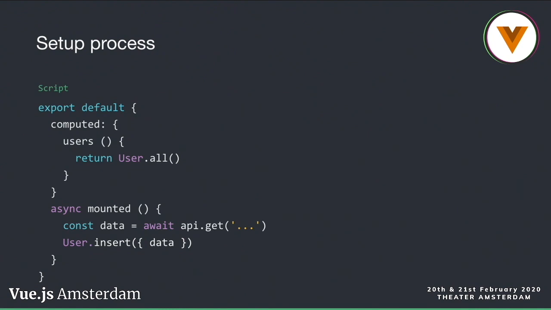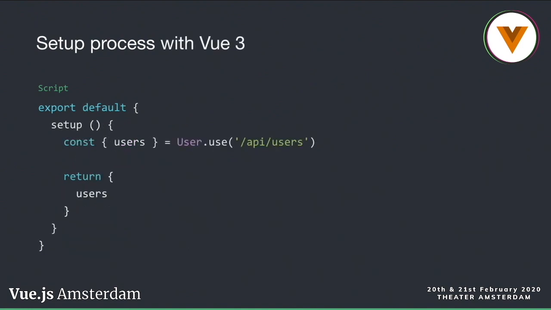But with composition API, you can write the same thing, something like this. So we have setup, and we have the user model and we call user.use, passing the URL. Now, this is not something that is built into the Vuex ORM core right now, but it's pretty easy to implement.